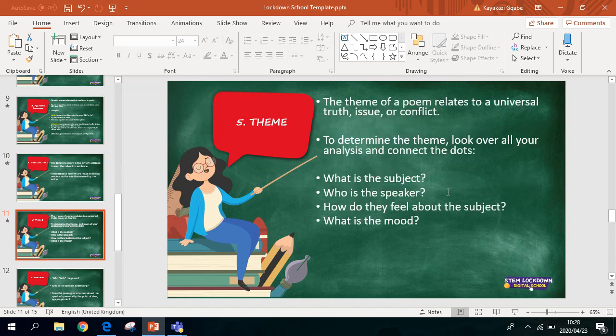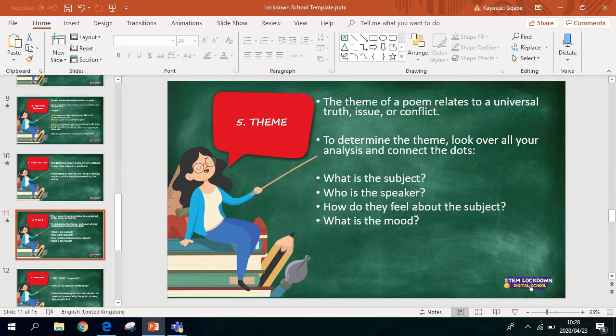And then you will let me know about the theme of the poem and how you managed to get to the theme. Okay, so as much as it's very important to be able to identify the theme, it's also important for you to be able to support your answer on how you decided that that is the actual theme of the poem.